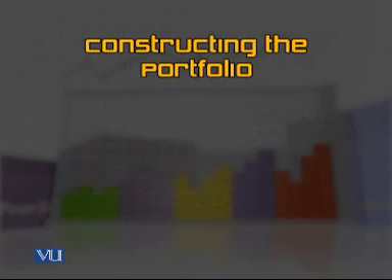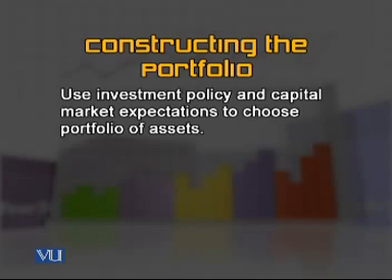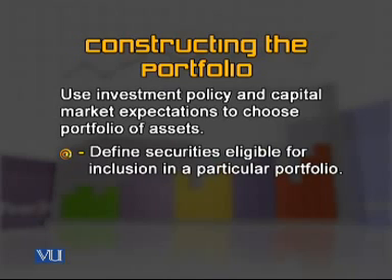While constructing the portfolio, we have to use an investment policy, understand market expectations, and choose a particular portfolio of assets to be included in diversification. We must understand what sort of securities would then be eligible to be inducted into a particular portfolio. The reason I'm using the words particular portfolio is that the needs and requirements of individual investors will be very different from each other.